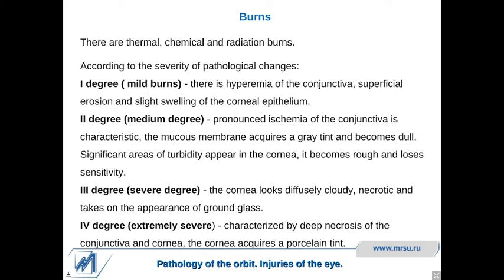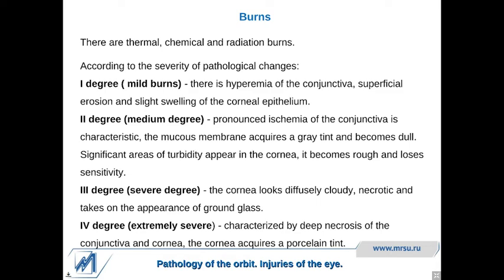In the second degree, pronounced ischemia of the conjunctiva is characteristic. The mucous membrane acquires a gray tint and becomes dull. Significant areas of turbidity appear in the cornea. It becomes rough and loses sensitivity.